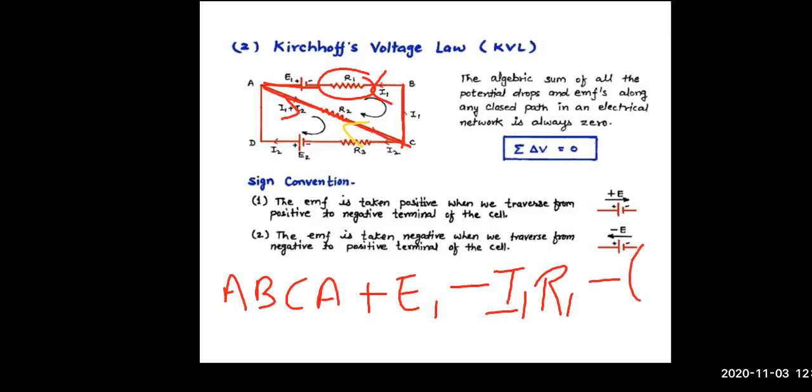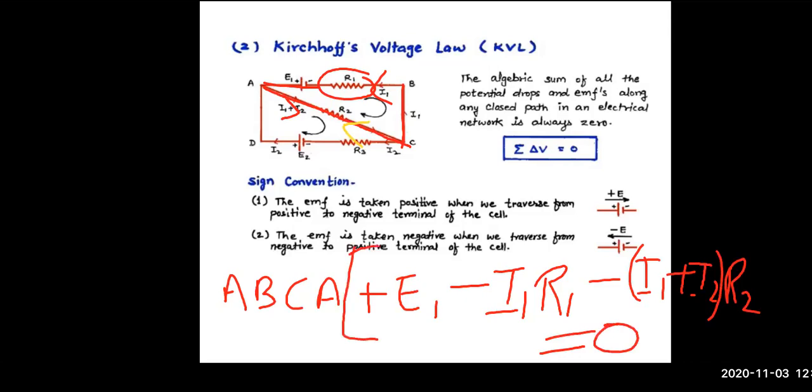What is the current flowing? Current is I1 plus I2 into R2. This equation is equal to 0 because the total sum of potential difference and EMF is equal to 0 according to Kirchhoff's voltage law.